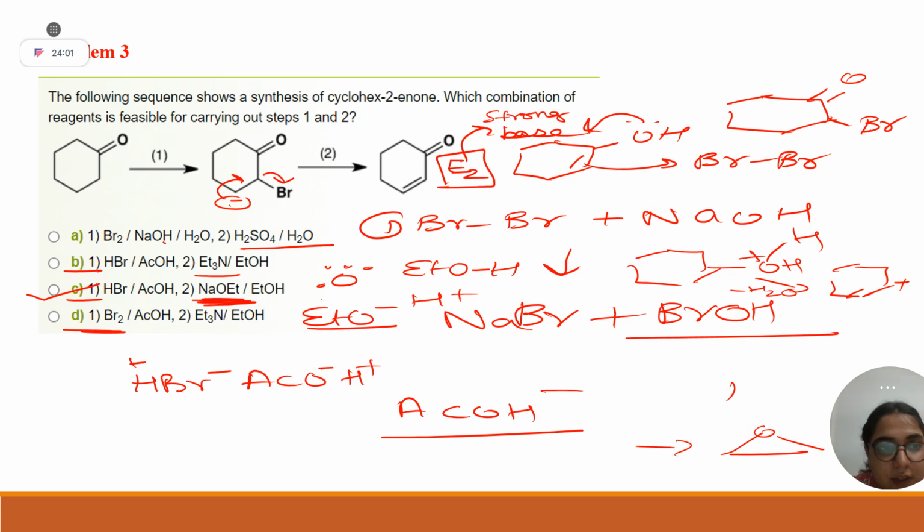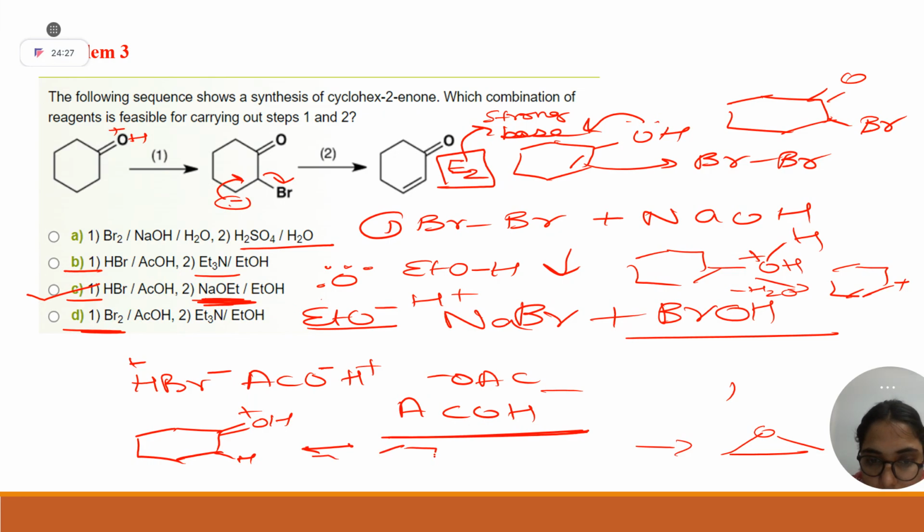So first, acetic acid is there, so it will protonate your carbonyl and activate it. Clear? And then after protonating, it will itself become OAc negative. That will abstract this proton, and will form your enol.